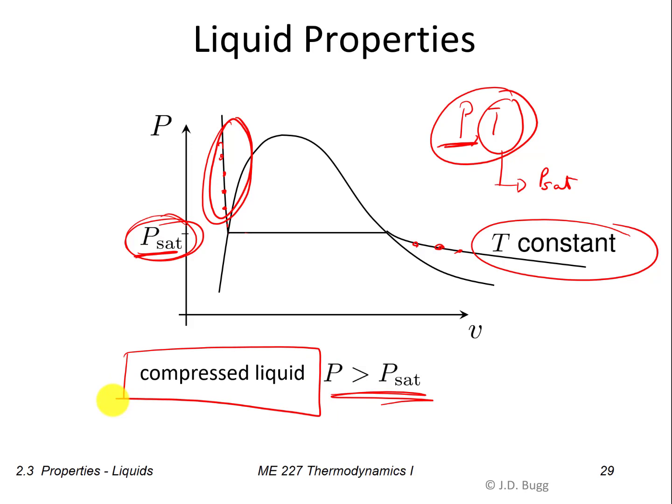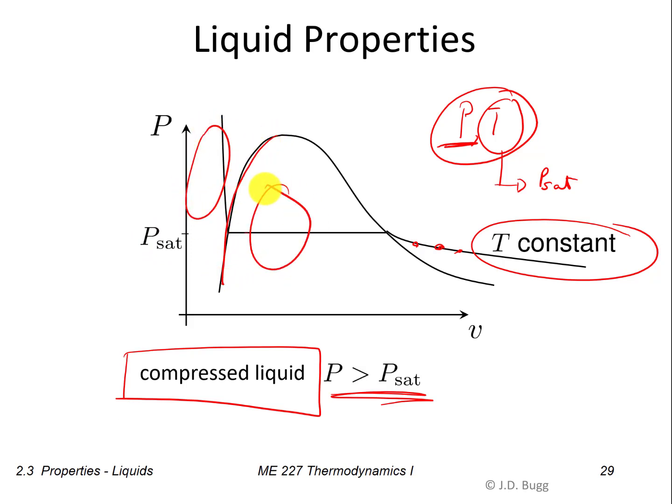They both mean that we're in this liquid region here somewhere, and we're not on the saturation line, we're not in the liquid vapor mixture region, we're in the liquid region. So this is a subcooled liquid. It is also a compressed liquid. They mean exactly the same thing.